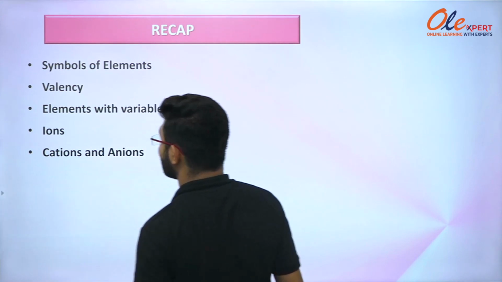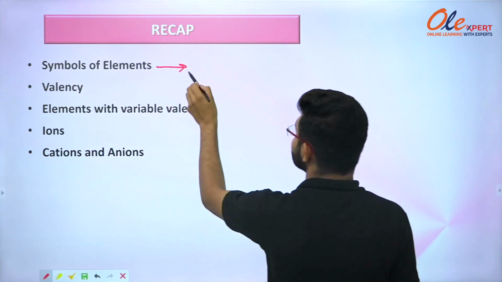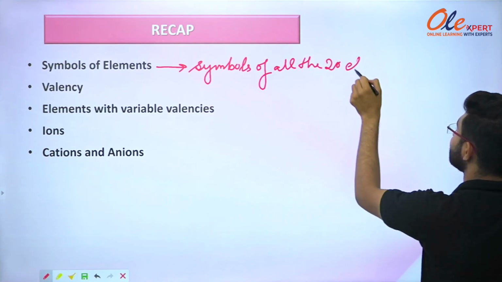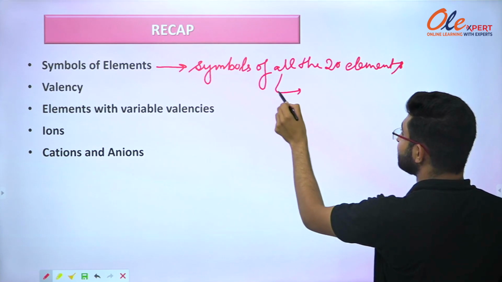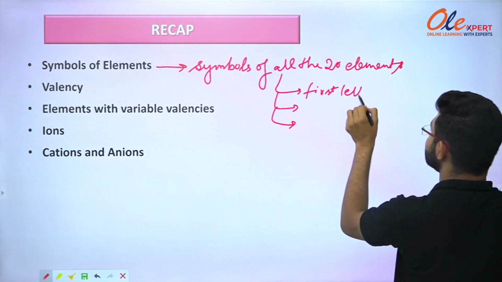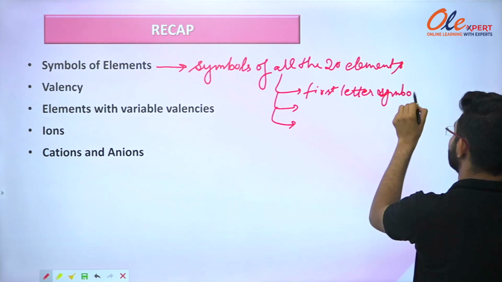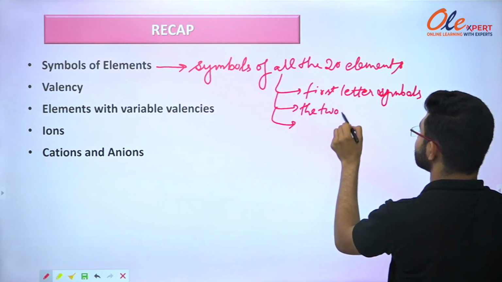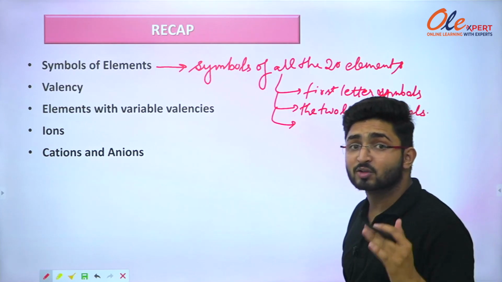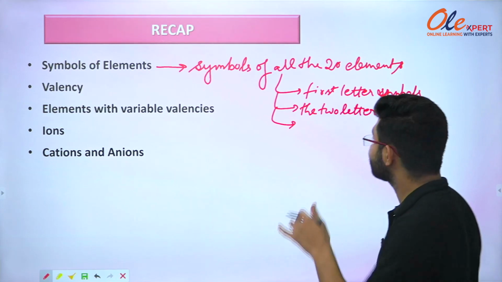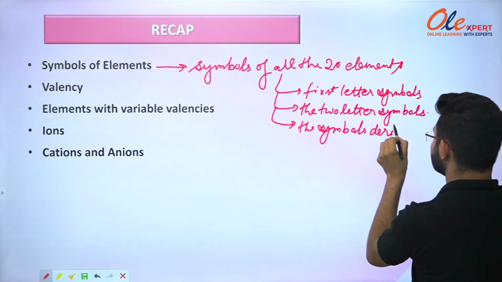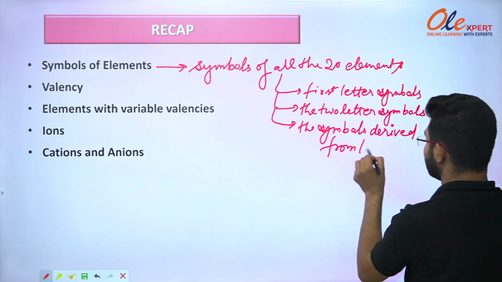The first topic that we have studied was symbols of elements. In this topic we have studied the symbols of all the 20 elements, and 3 points that come under the symbols of elements: the first letter symbols, the 2-letter symbols when the first letter is common for each and every element, and the symbols derived from Latin names of the elements.